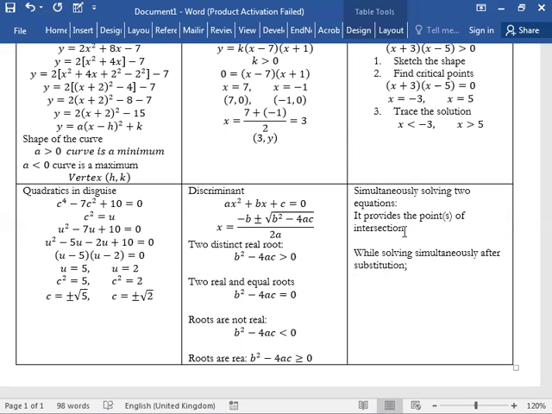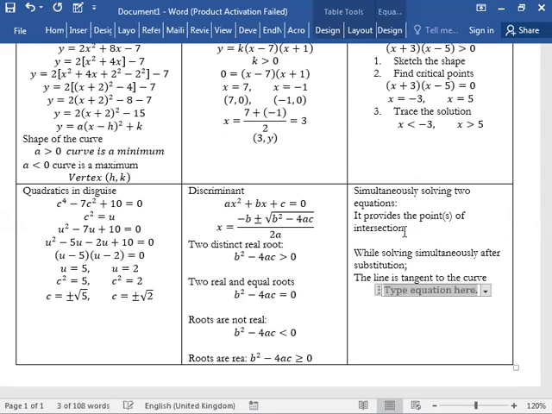After substitution, the resulting equation we get, which is a quadratic, if it is a quadratic, and I say the line is tangent to the curve, then what can I say about the discriminant?